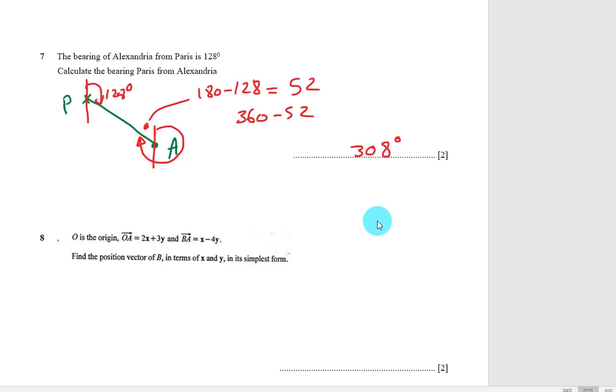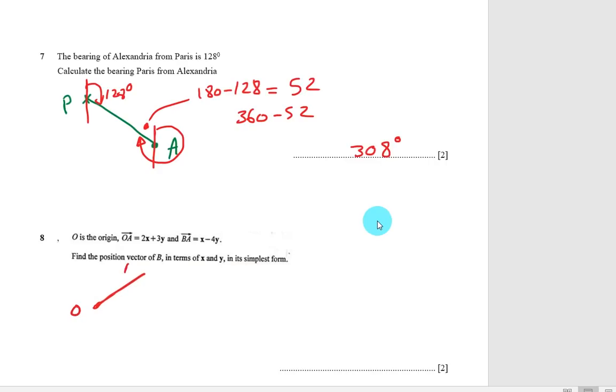O is the origin. OA is 2x plus 3y and BA is x minus 4y. Find the position vector of B in terms of x and y in the simplest form. So let us draw.